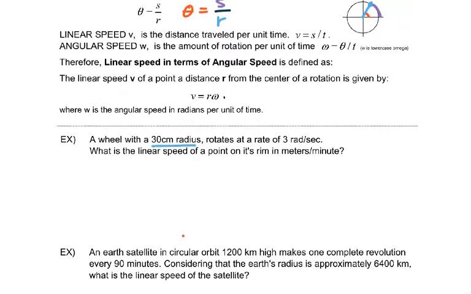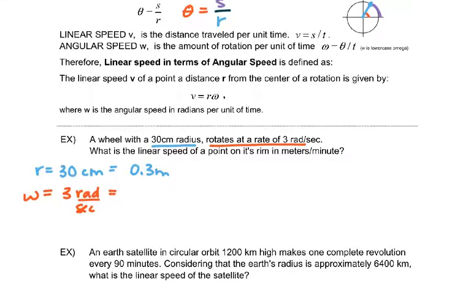So my radius, I have r equals 30 centimeters, and in meters, that would be 0.3 meters. So we also know the rate at which it's rotating. So that's the angular speed, omega. And omega is 3 radians per second. And we need to convert that into radians per minute.